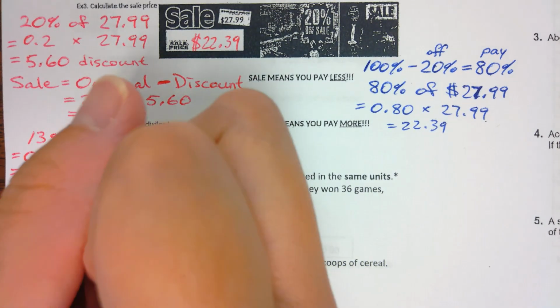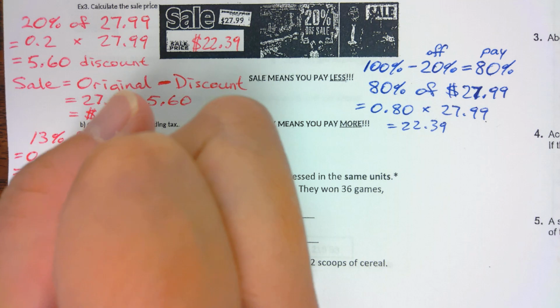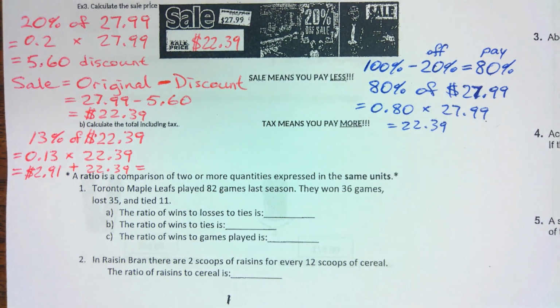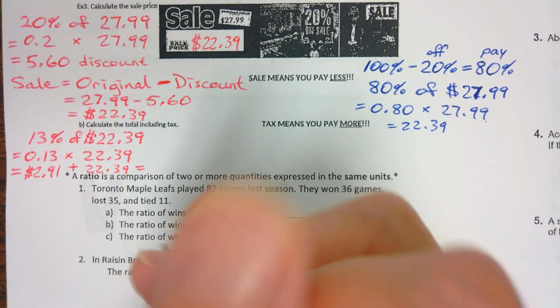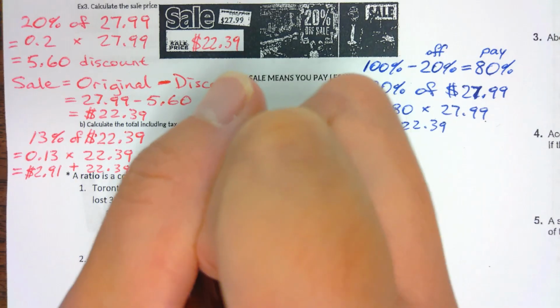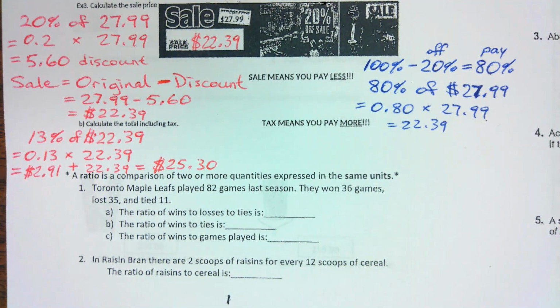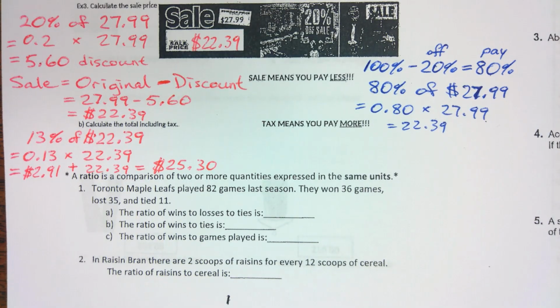You add it to the sale price. Therefore my final price, add it to $22.39. Your final price is $25.30.